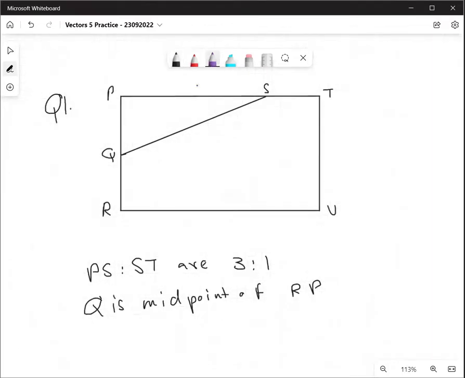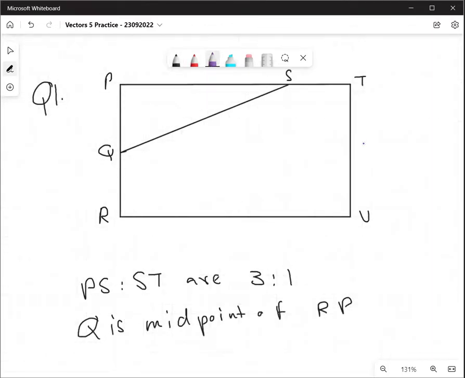And the next thing you have to solve is this right here is, let's say, Y, and this right here is X.